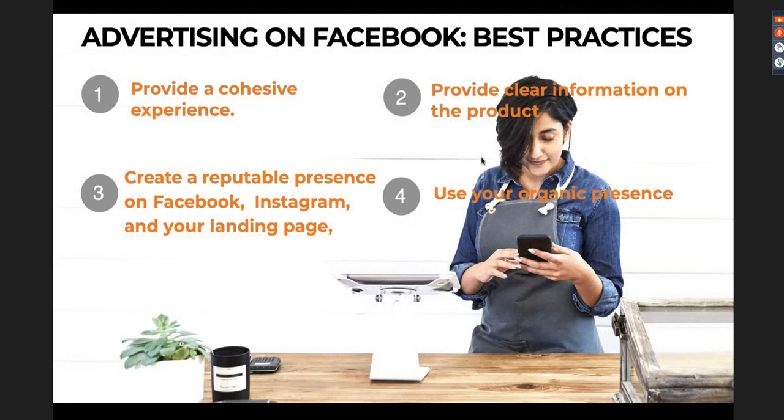So don't just have your page only about sponsored posts. Use organic to grow first, with something like a profile picture and posts that clearly align with your brand and products.